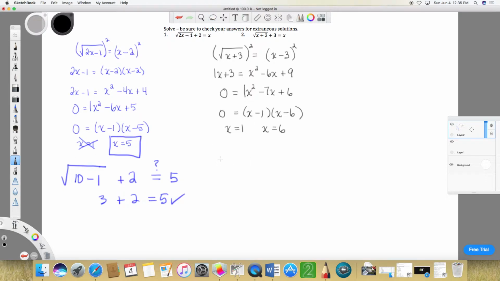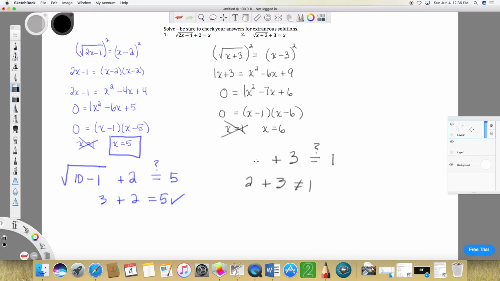If we plug in 1 on the left-hand side, we've got 1 plus 3, and then plus 3. And the big question is, is that going to equal 1? Well, I don't think so, because 1 plus 3 is 4, and the square root of 4 is 2, and 2 plus 3 is definitely not 1. So this is extraneous.